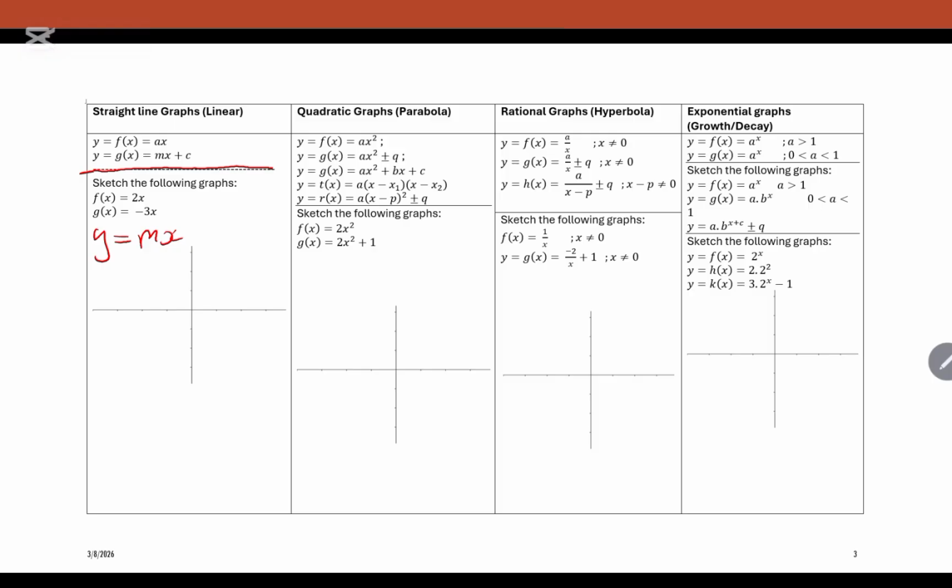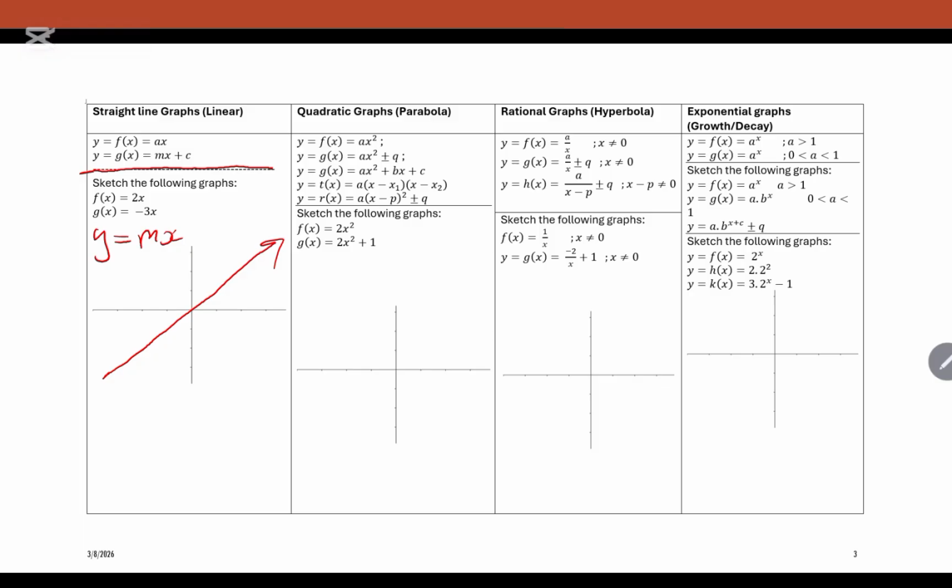So that a, it represents the gradient of the straight line. So the graph y equals ax is the straight line graph that passes through the origin. Now, this is the graph that goes through the origin like that.